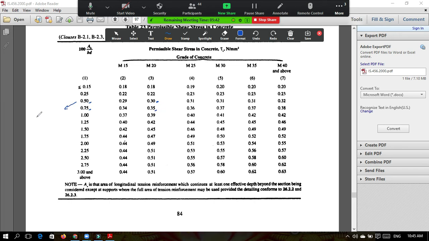We want the value for 0.52, so calculate the value for 0.52 from this table, between 0.30 and 0.35, 0.50 and 0.75.